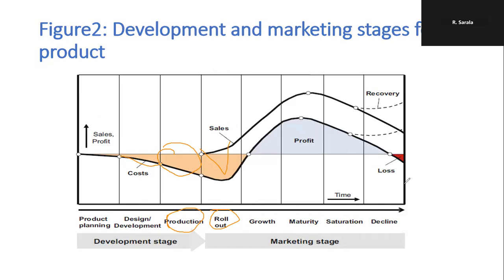In the market stage, we will observe that the product, once it enters the market, shows high growth rates, but this eventually slows down as the product matures and market competition increases. The saturation stage is also represented here. So this is the saturation stage.